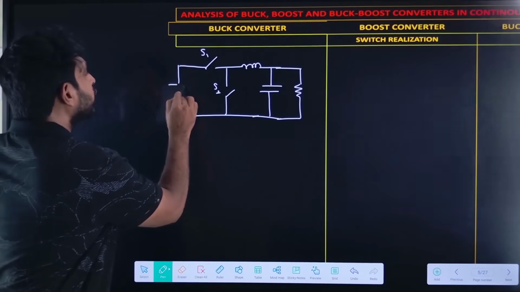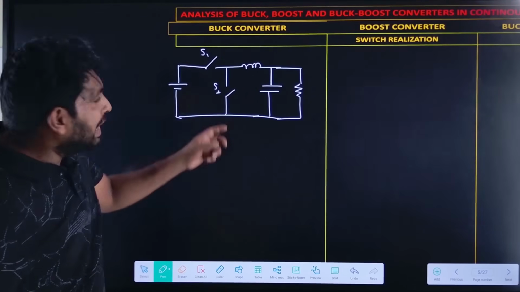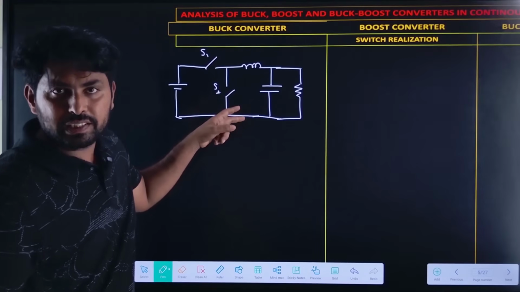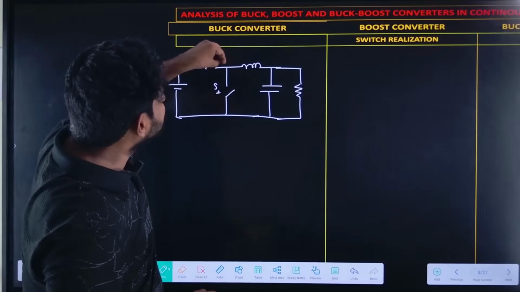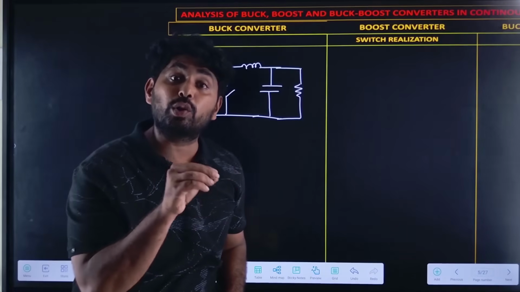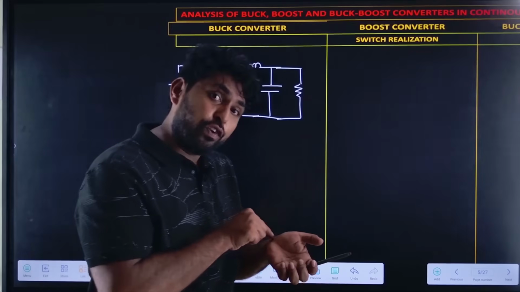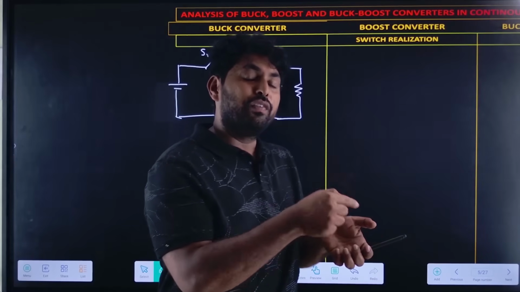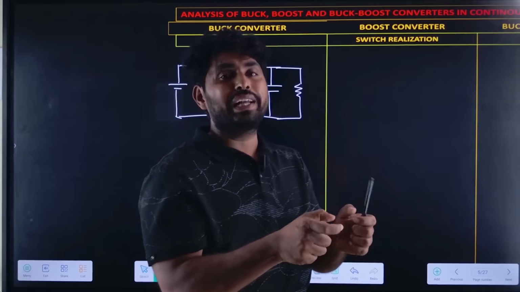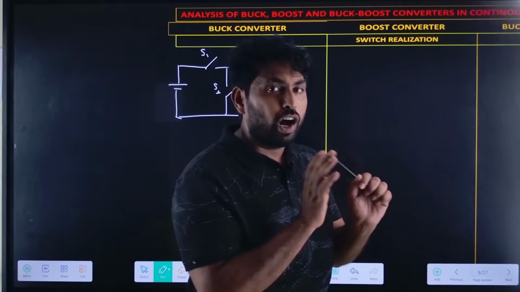This is the circuit of the buck converter. Now, let us realize these two switches. That means these switches should be replaced by power electronic devices. For that, we need to find the current flowing through the switch, and the voltage across the switch during off condition.